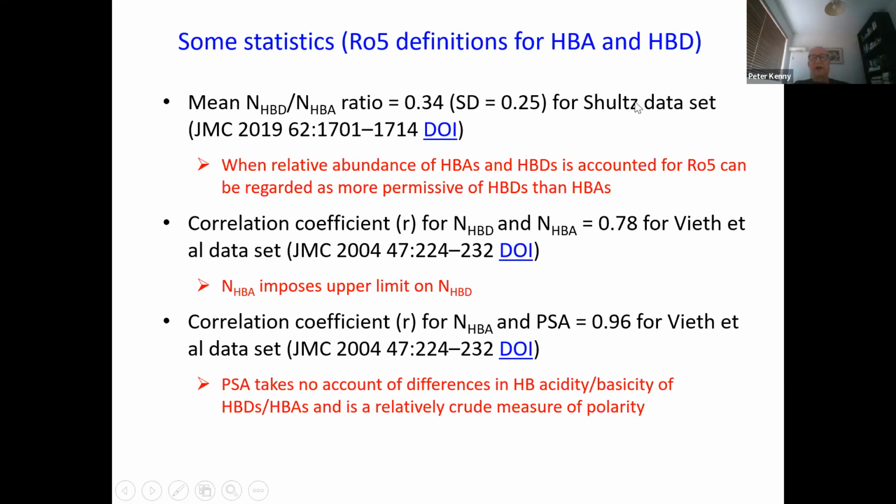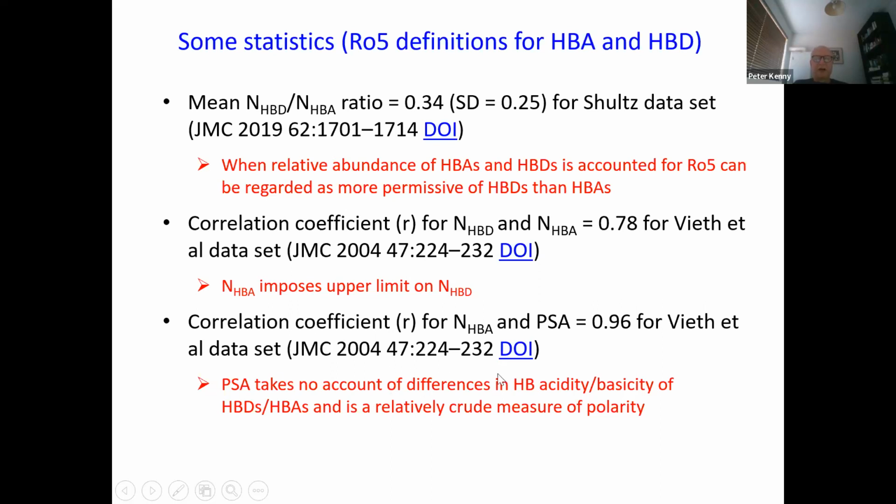So you could say that if you take account of the relative abundances of hydrogen bond donors and acceptors, the rule of 5 is actually more permissive of hydrogen bond donors. I don't find this sort of analysis particularly useful myself, but I thought I'd show it to you because you've got to be careful about over-interpreting data.